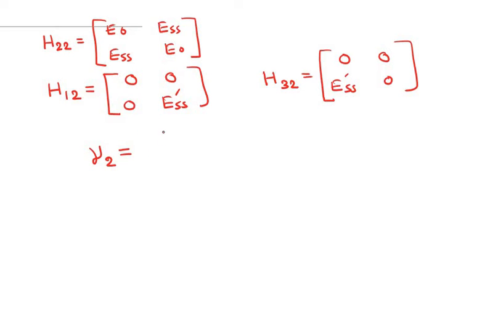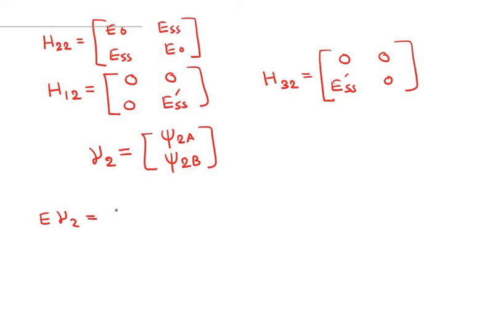Gamma 2 is basically phi psi 2a and psi 2b, and the entire matrix, for this basically reads, so I will write it in the form of gamma.